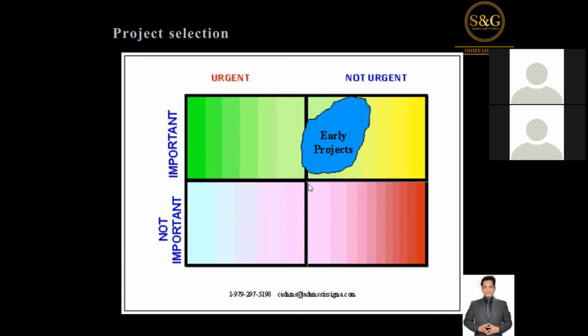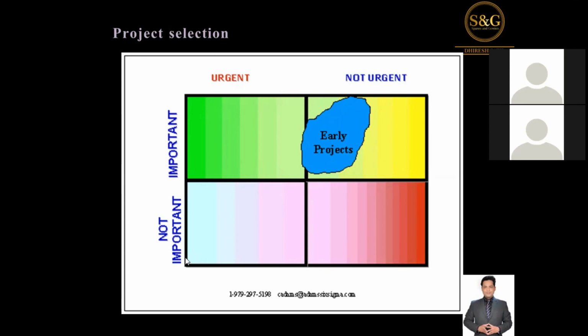Now, again, the question itself suggests, if it is not important, let's understand this. If it is not important to the customer, if it is not so important to the business as well, if both these ticks are yes, not important, then management will not be keen to take up that project. See, understand this.